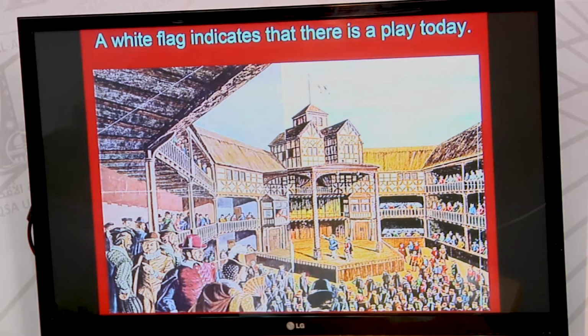And you can see that there were no curtains. Most of the time, the plays took place in daylight because of the lack of lights at night. There was no electricity so far.